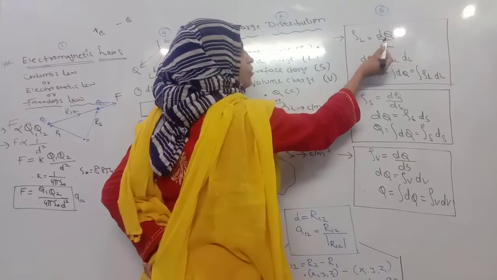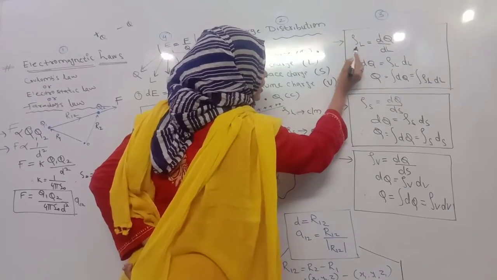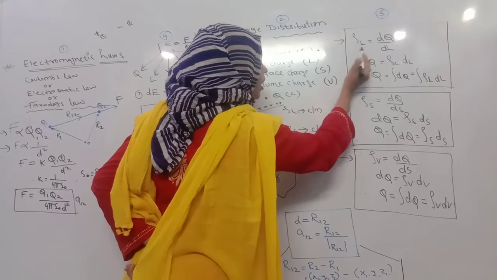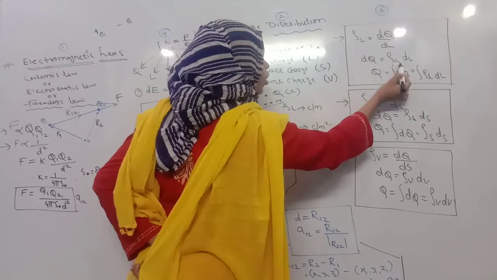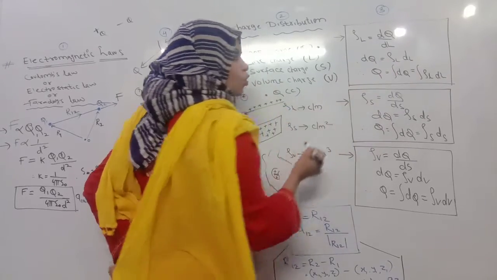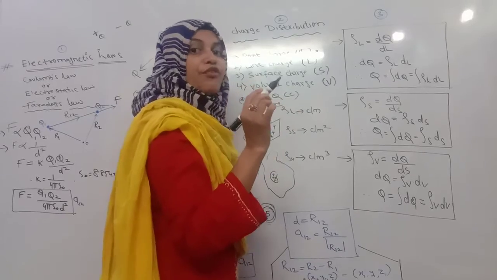If I am interested in calculating this dQ, what will happen? dQ stays as it is, and rho L and dL come to one side. So dQ will be equal to rho L times dL. Rho L is the line charge density, dL is the differential length.